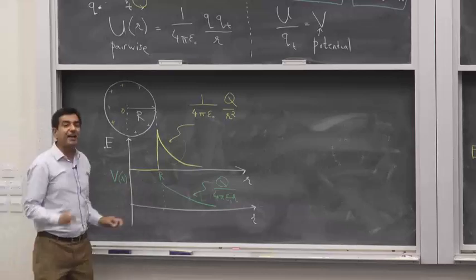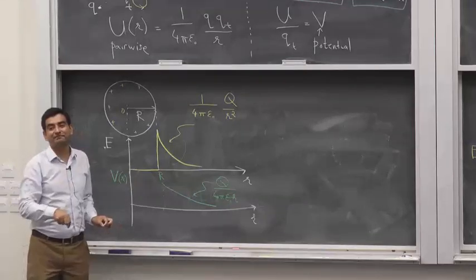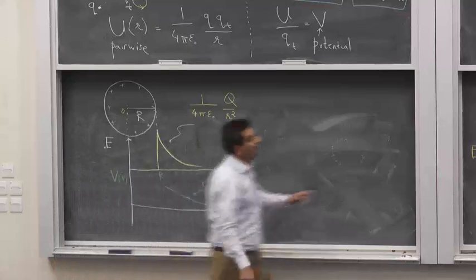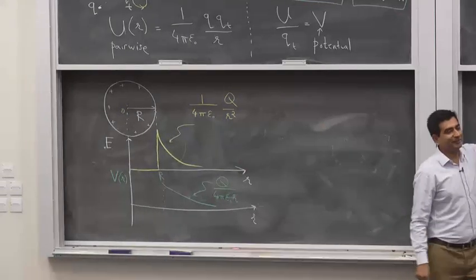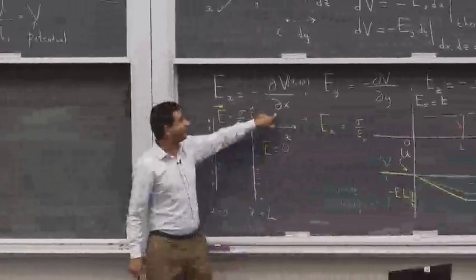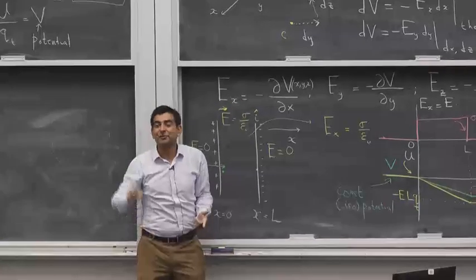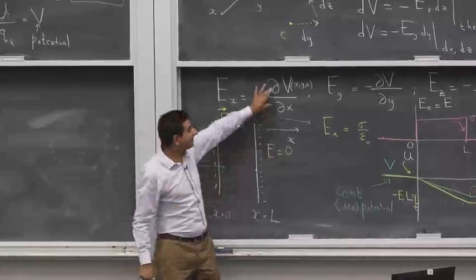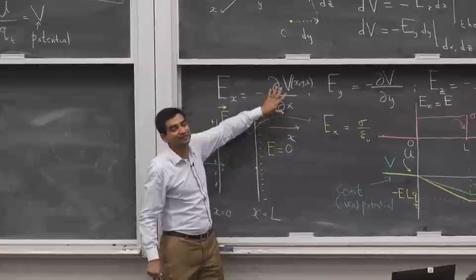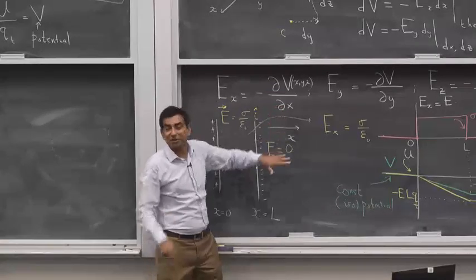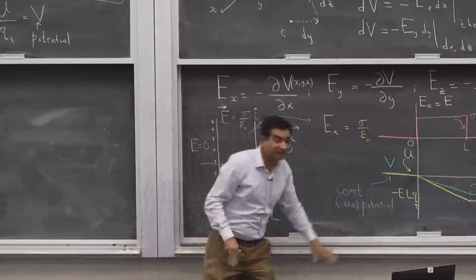Now the potential has to be continuous, because if the potential is discontinuous, then the electric field will go to infinity. So the potential has to be continuous, which means that this has to be a finite number. Partial v over partial x is finite, partial v over partial y is finite.